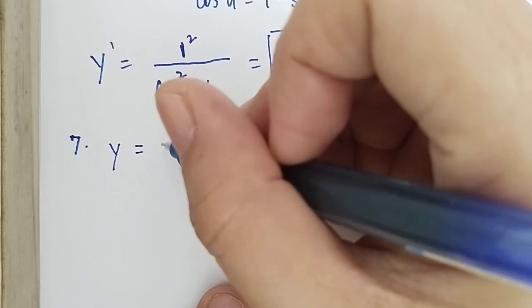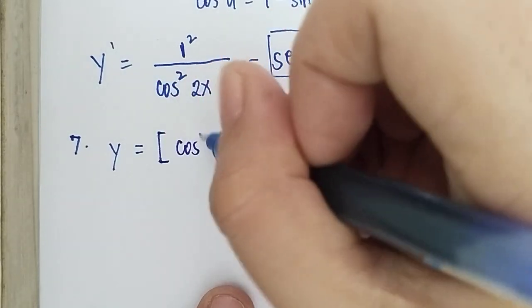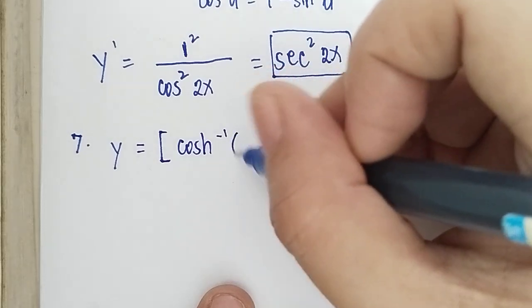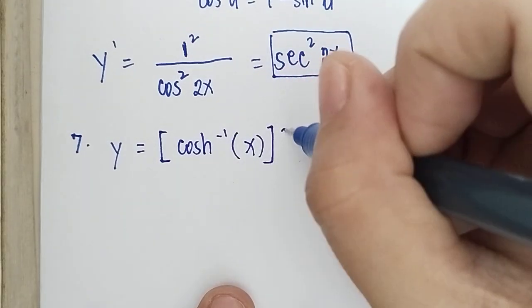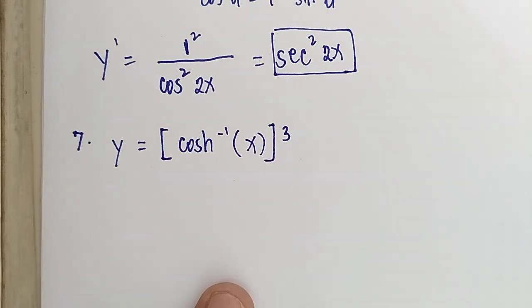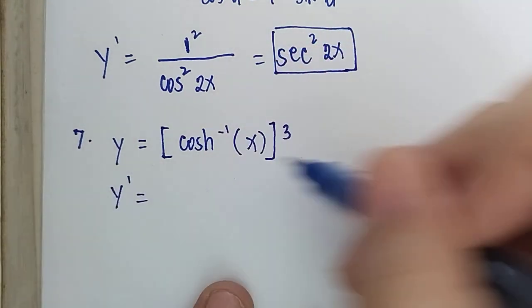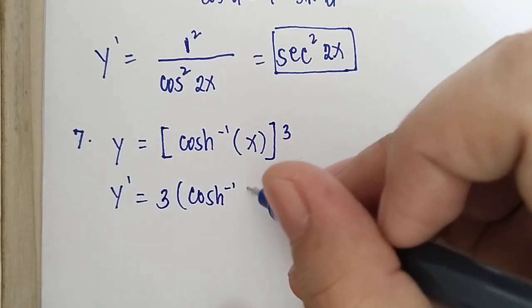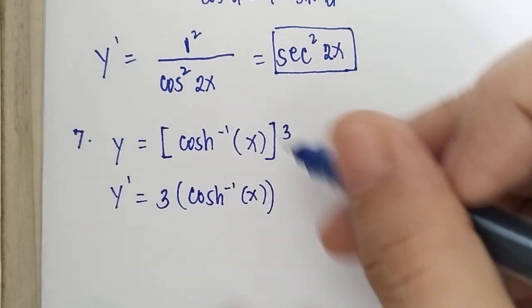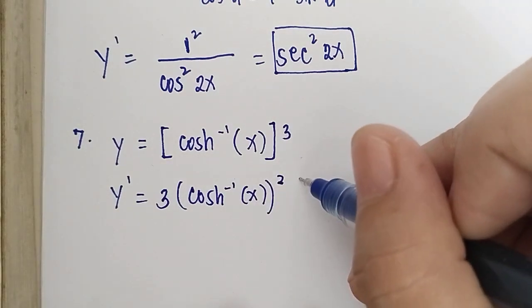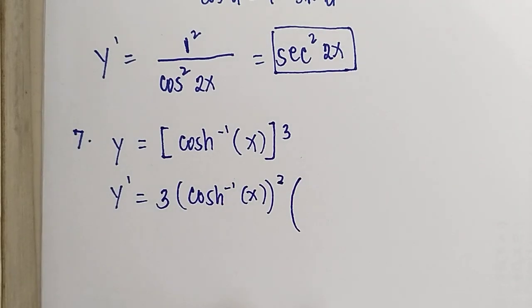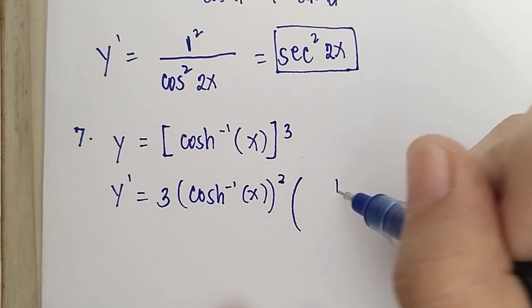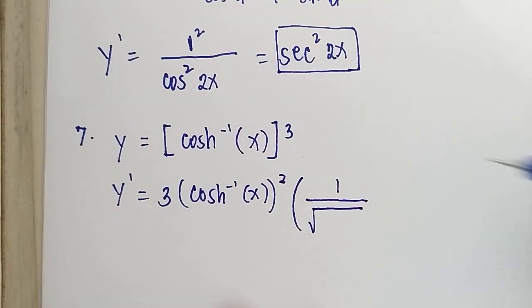Okay? And for the last, number 7, we're given the cube of the inverse of the hyperbolic cosine of x. This is a cube, so we notice the general power rule. We apply it: put the 3 in front, then the inverse of the hyperbolic cosine of x, then 3 minus 1, we have 2. Then, the derivative of the inverse hyperbolic cosine, if you remember, is 1 all over the square root of u squared minus 1.